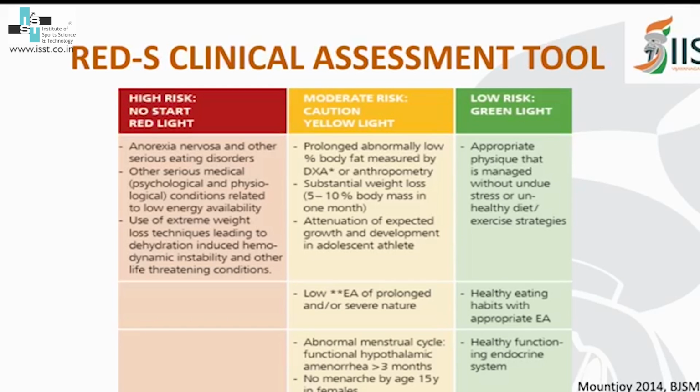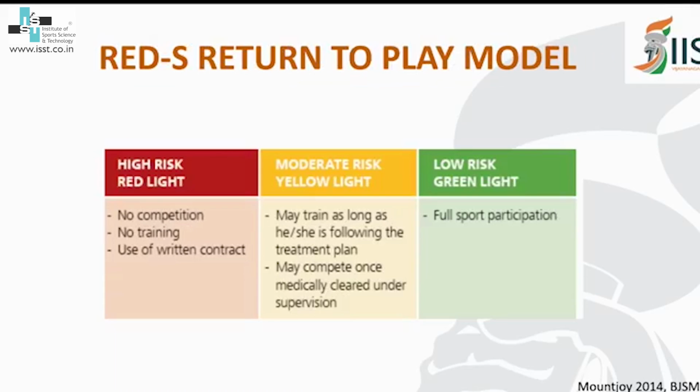And similarly, if we have an athlete who's healthy, who's getting her periods regularly, with no signs of repeated injuries and a healthy endocrine system, that athlete will fall into the green light category. And based on these 3 lights, the IOC came up with a return to play model.